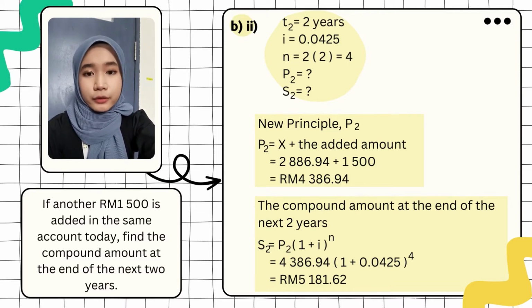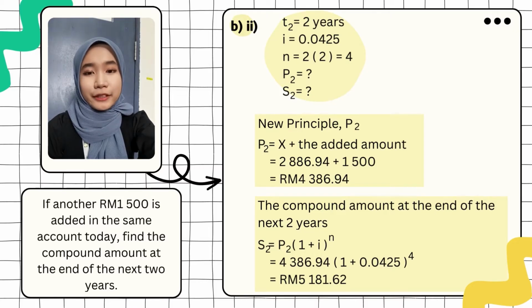P2 equals X plus the added amount, which is 2,886 ringgit 94 cents plus 1,500 equals 4,386 ringgit 94 cents. Then we can find the compound amount at the end of the next 2 years.